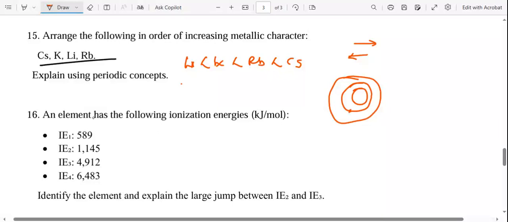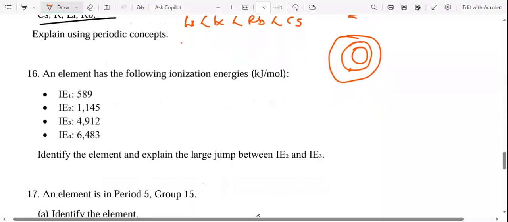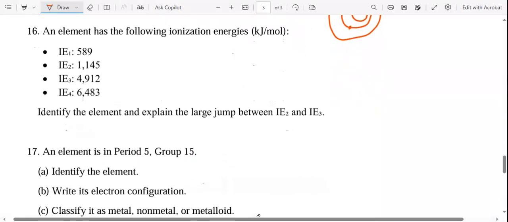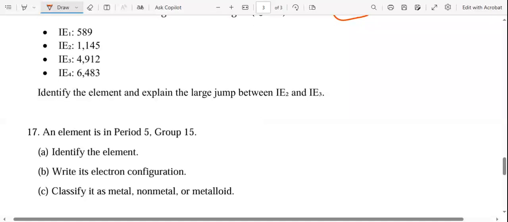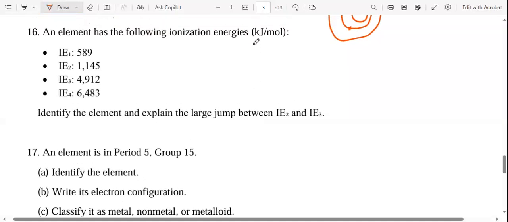Okay. An element has the following ionization energies: first ionization energy, second, third, fourth ionization energy, and fifth, just fourth. Identify the element and explain the jump between E1 and E2.